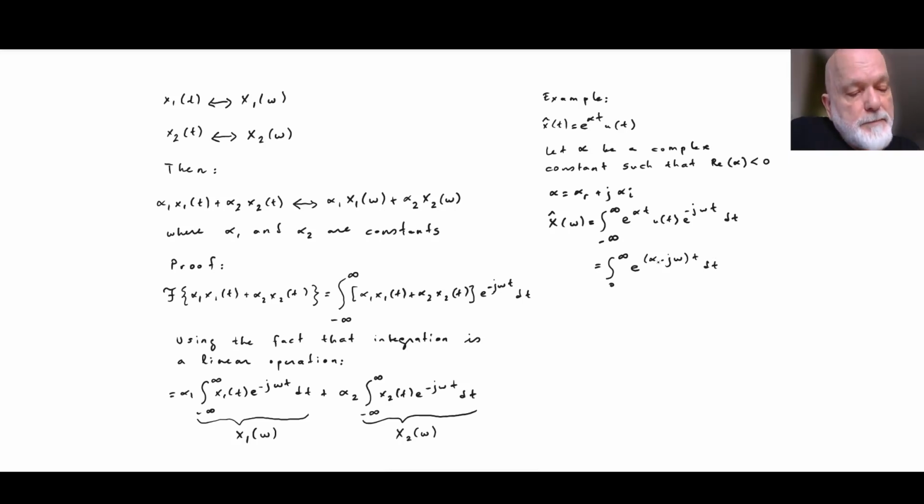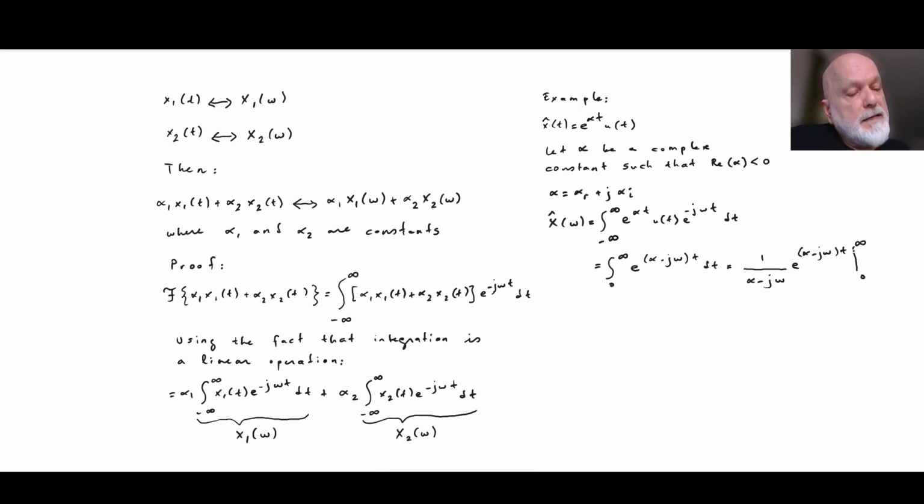Now since real part of alpha is negative, this signal is absolutely integrable. The original signal, x cap of t, is absolutely integrable. Therefore, the Fourier transform will exist, and this is equal to 1 over alpha minus j omega, e to alpha minus j omega t evaluated at 0 and infinity.